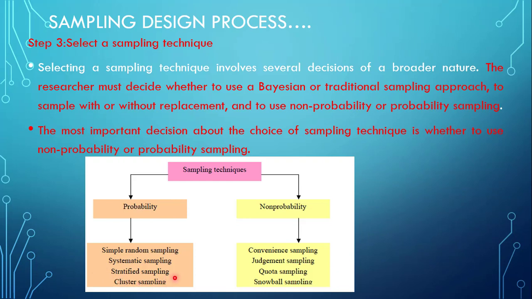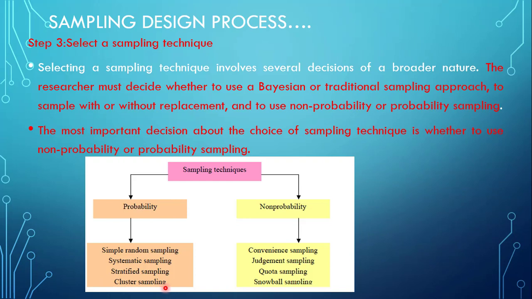Stratified sampling is the other one. So you are going to divide the population into strata, and each stratum will have a similar characteristic. It is homogeneous, but compared between two strata, they will have heterogeneous characteristics, and then you are going to pick from each stratum.